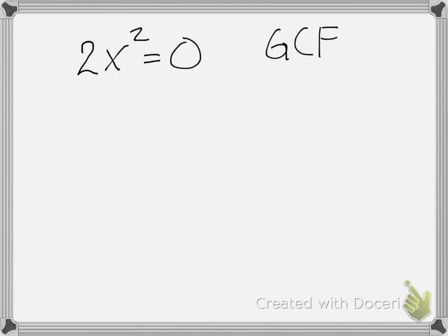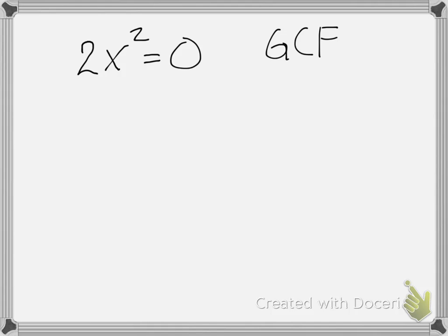Here's another one. X squared equals 0. So we can't really pull out one of those GCFs because it's just one monomial, one term.